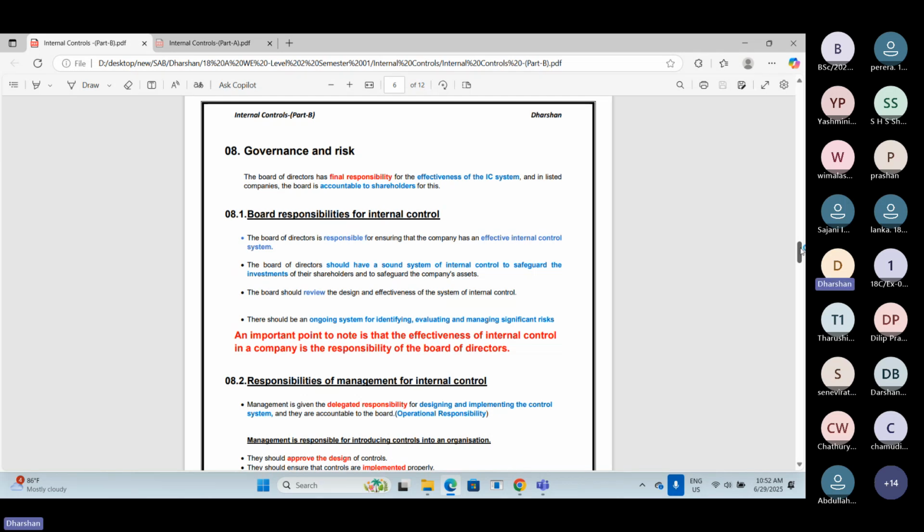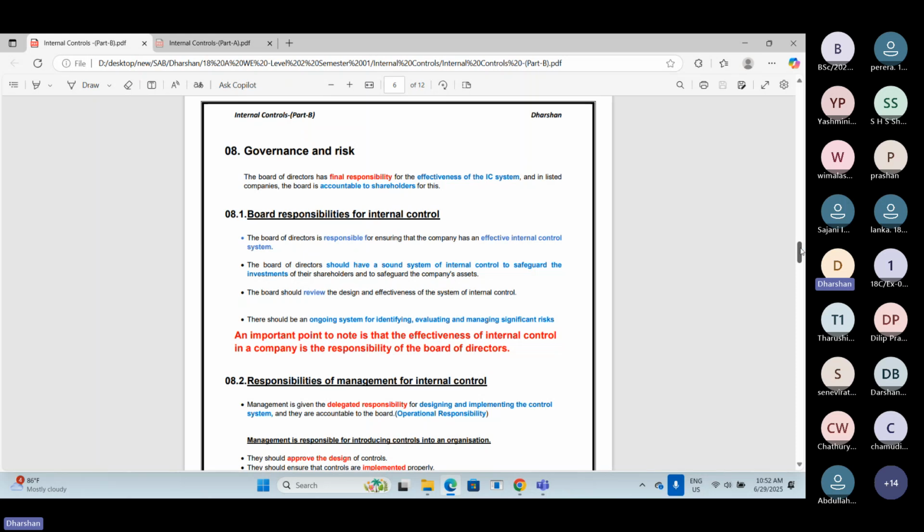The board of directors is the ultimate responsible party. They have the final responsibility for internal controls. The board of directors has final responsibility for the effectiveness of the internal control system. And in listed companies, the board is accountable to the shareholders.